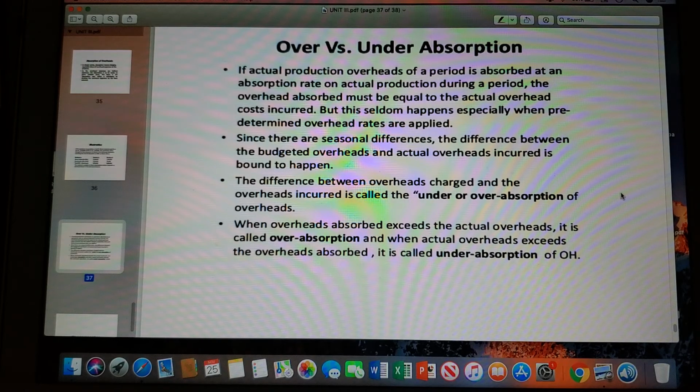The difference between overheads charged and the overheads incurred is called the under or over absorption of overheads. When overheads absorbed exceeds the actual overheads, it is called over absorption, and when actual overheads exceeds the overheads absorbed, it is called under absorption of OH.